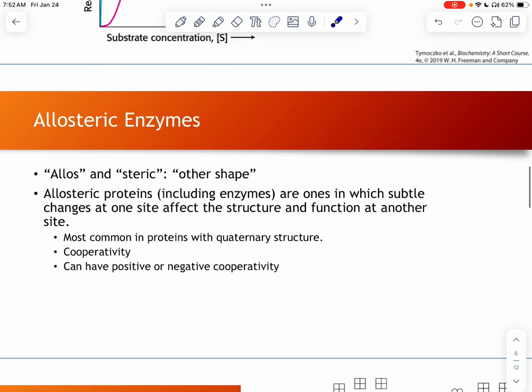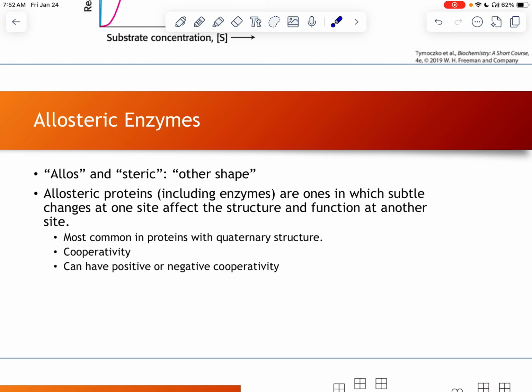Oh, and let's say some of this in words. Allosteric means other shape. Allosteric proteins are ones where subtle changes at one site affect the structure and function at another site. And really in biochem, we're looking at the structure-function relationship, how the chemical structure affects the function of the molecule.